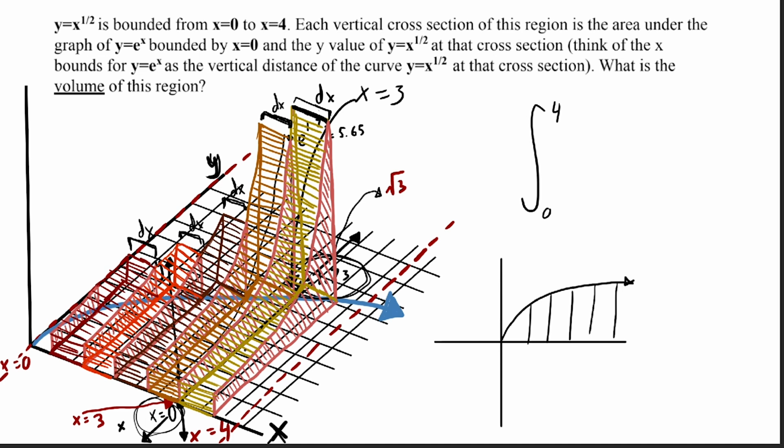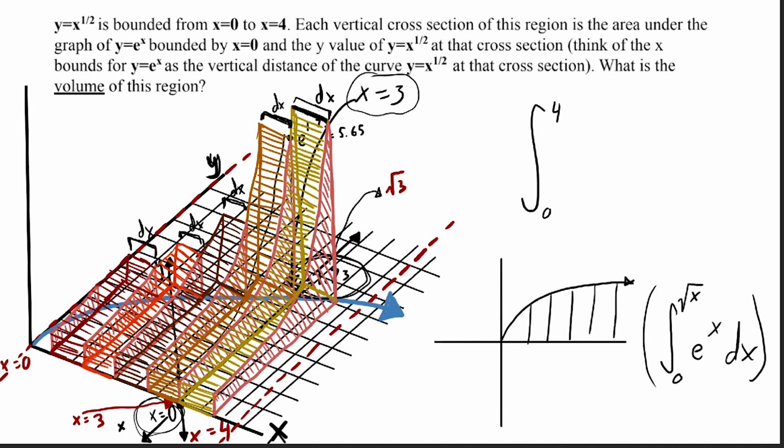Well, looking at the example where x was equal to 3, what we did to get the area is you can take the integral from 0, because it's from x equals 0, to x equals square root of 3 at that cross-section, but just to generalize, it was square root of x, whatever x happens to be. And so it's the integral from 0 to square root of x of e to the x dx. And so this is the function that gives the area at one cross-section.